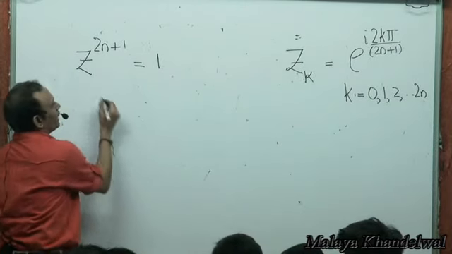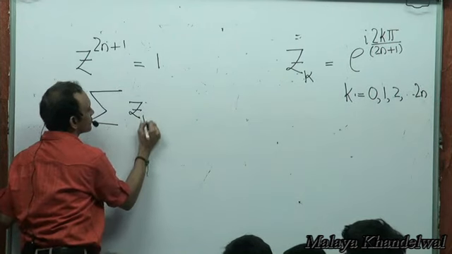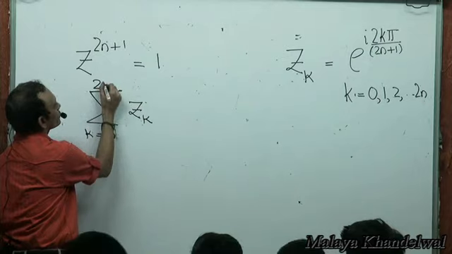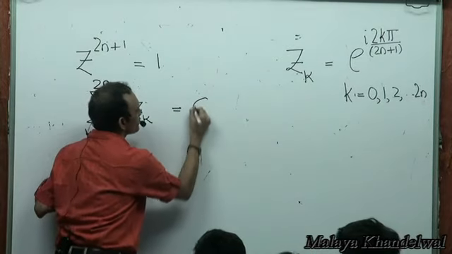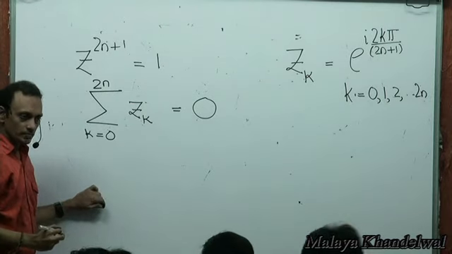Now, again, the sum of all the zk's, k running from 0 to 2n, will be 0. The sum of all roots of unity will always be 0.